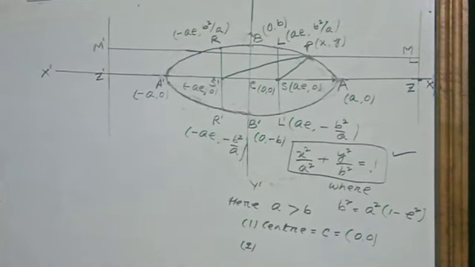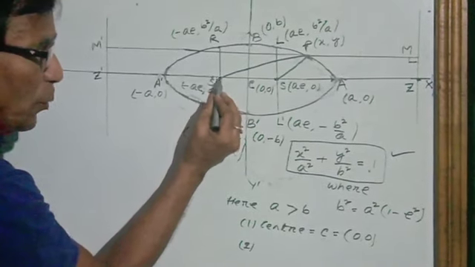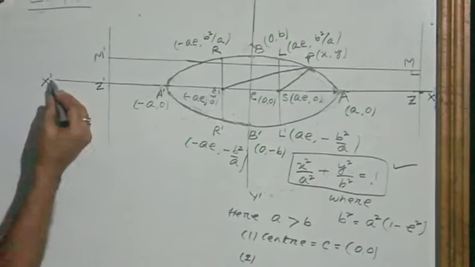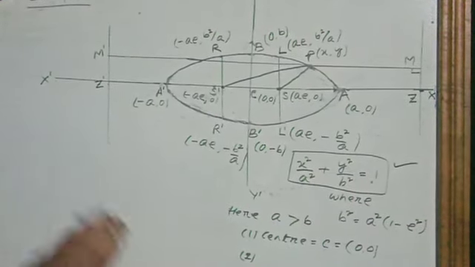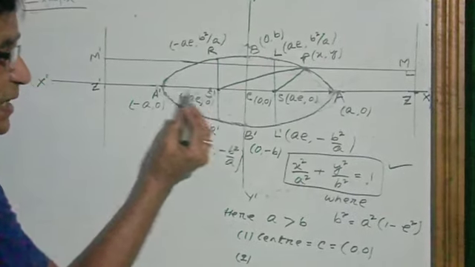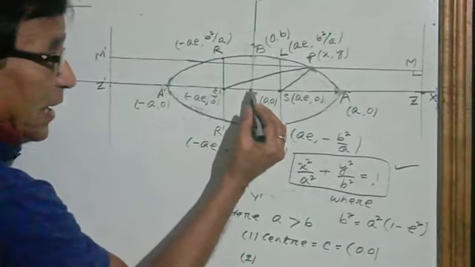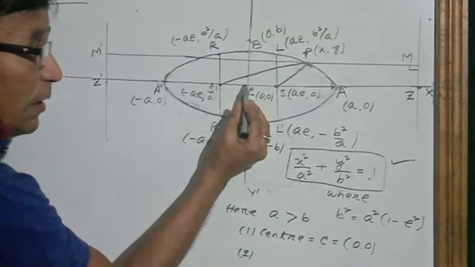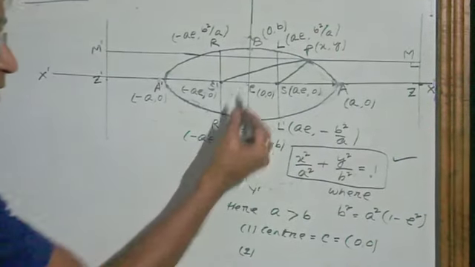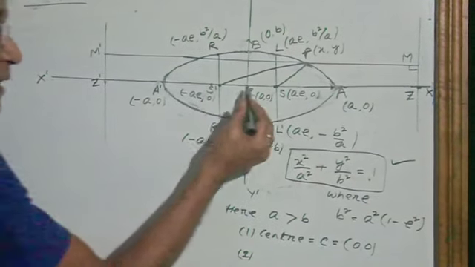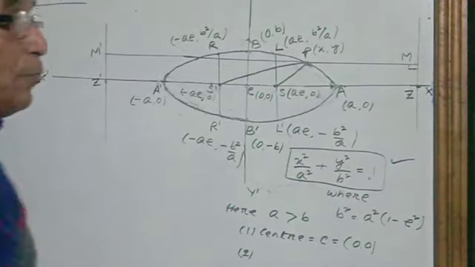So for that, here we will take 2 points S dash and Z dash on CX dash such that CS dash is equal to CS and CZ dash is equal to CZ.